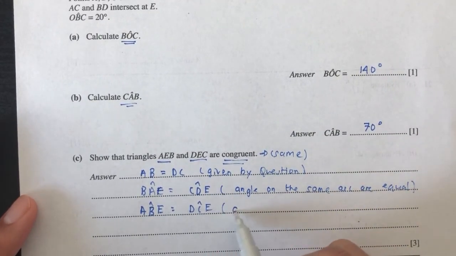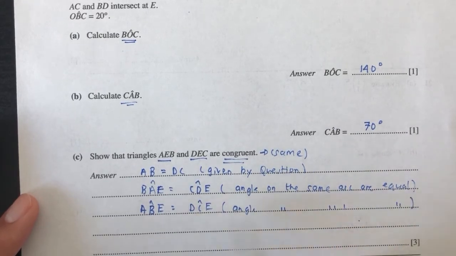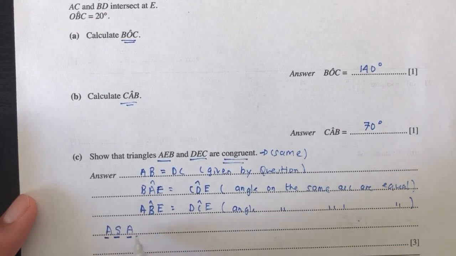Same reason again, angles on the same arc are equal. So by this we prove ASA, which is the side in between the two equal angles are the same. So triangles AEB and DEC are congruent.